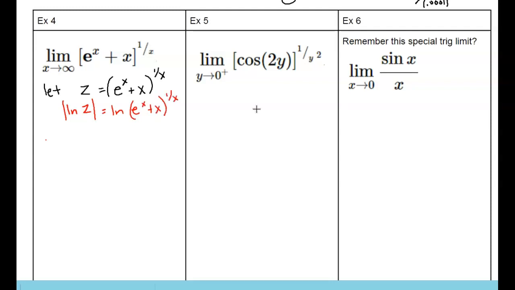As a review from Section 3, if you had natural logarithms, there was a power rule. What that did was it took any power and brought it right down in front of the log. So we want to do that.